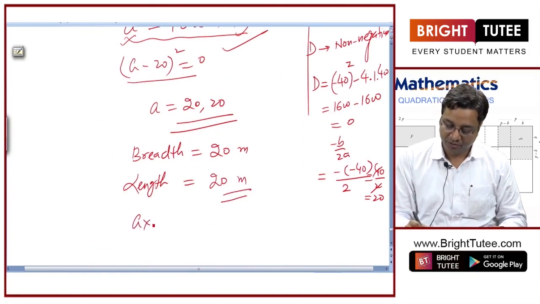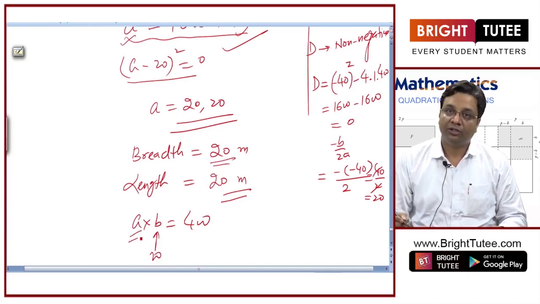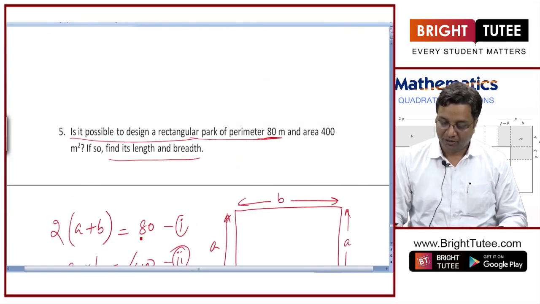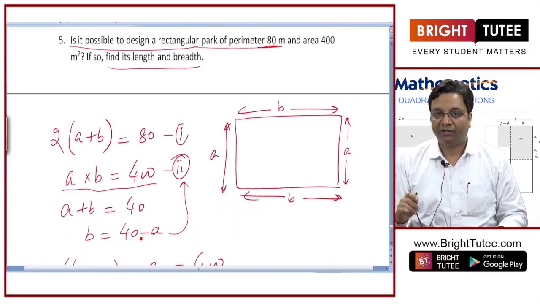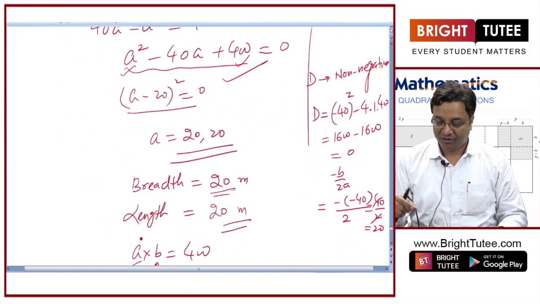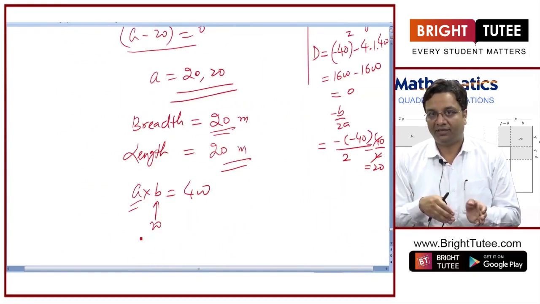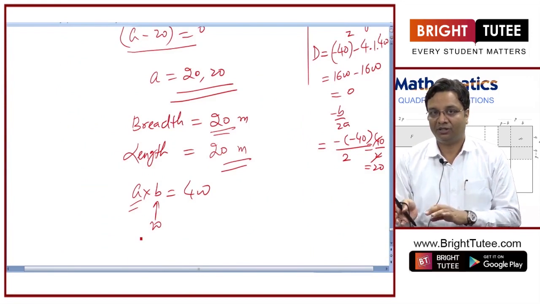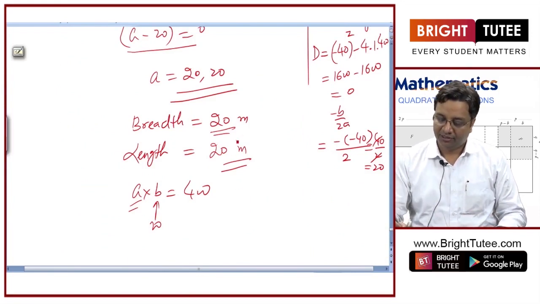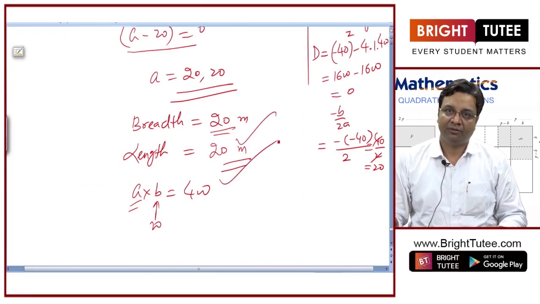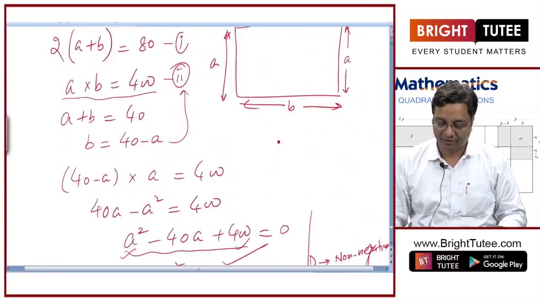Because length into breadth was equal to 400. If I take breadth equal to 20, it will give me length also equal to 20. So yes, it is possible to design such a rectangular park, and this will be of the square form, right? A square is also a rectangle, right? But every rectangle is not a square. Alright. So yes, possible, and 20 and 20 will be the breadth and length.